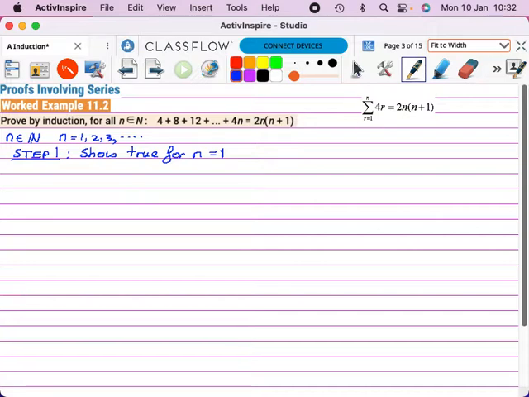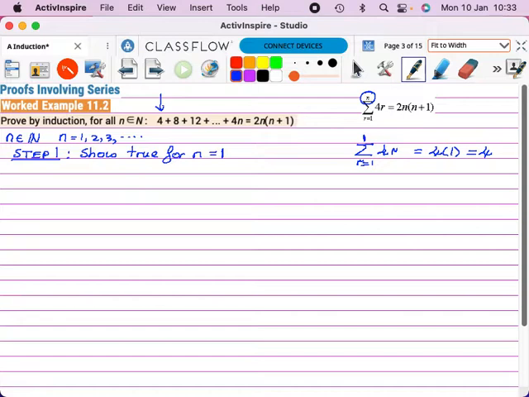So if we're going to show it for n equals 1, we look at this summation symbol up here. What does it mean? r equals 1. And what's n equal to? Well, n is equal to 1. So what does that mean for the left-hand side? It means that all you've got is 4 lots of 1. All you're looking at on the left-hand side is the first term. You're looking at 4.